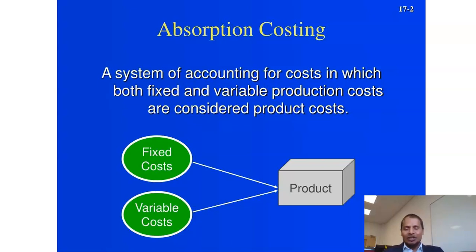And the calculation of determination of cost is costing. And there are different methods of costing. We will be discussing two important costing methods today. One is absorption costing, and the other one is marginal costing.